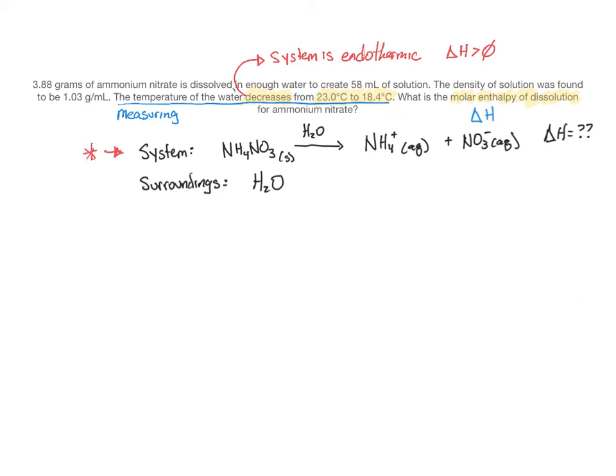We are measuring the water, and the water is our surroundings. So this should clue me in that I should be able to find Q of the surroundings, which is going to be mass of the surroundings times the specific heat of the surroundings times the change in temperature of the surroundings.